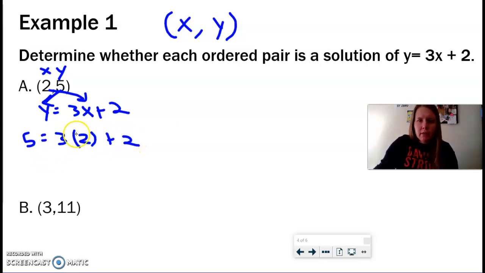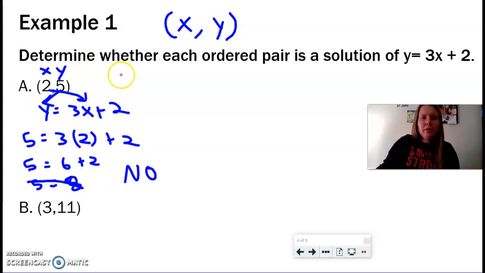We just have to solve this side to see if it actually equals. Well, 5 on this side stays 5. 3 times 2 is 6, 6 plus 2 is 8. So 5 equals 8? No, this does not make sense. It does not even out. So this is a no.